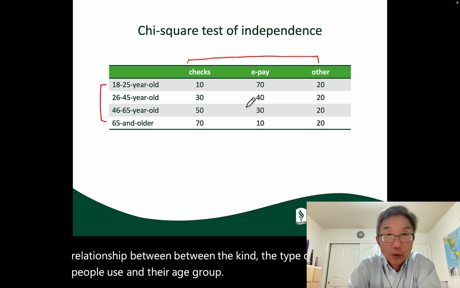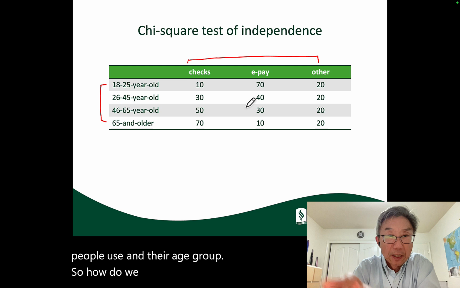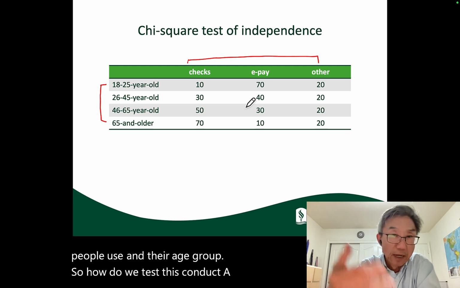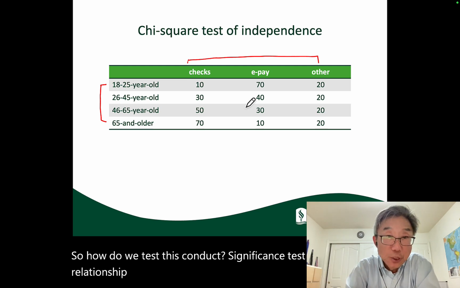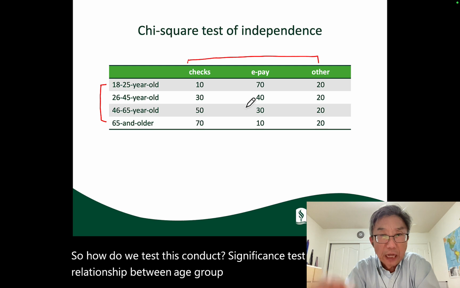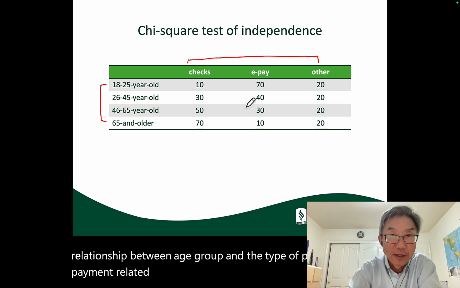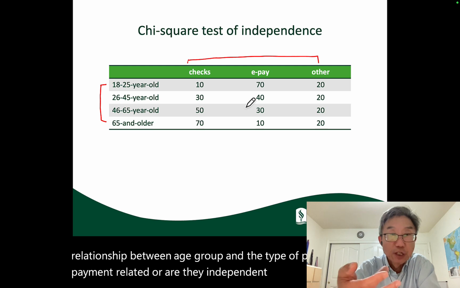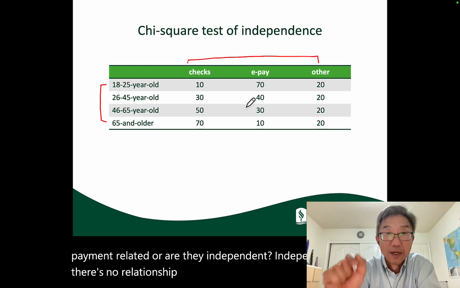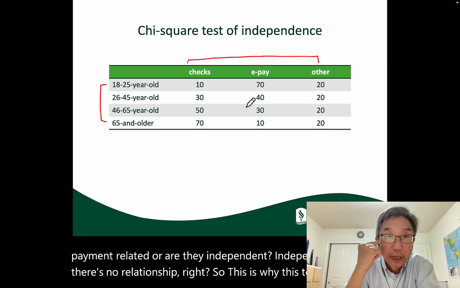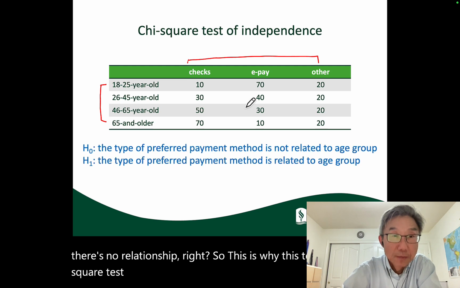So how do we test this? Conduct a significance test. Is the type of preferred payment related to age group, or are they independent? Independent means there's no relationship, right? So this is why this test is called chi-square test of independence.